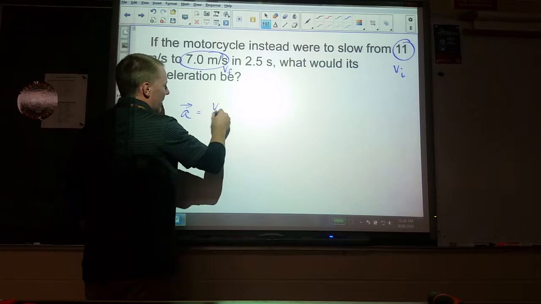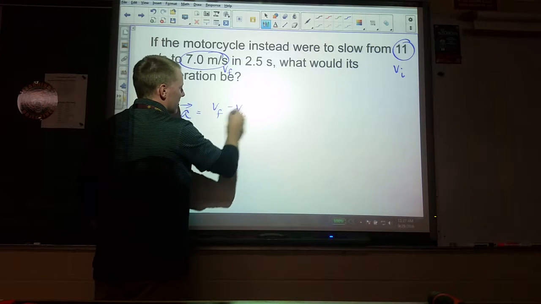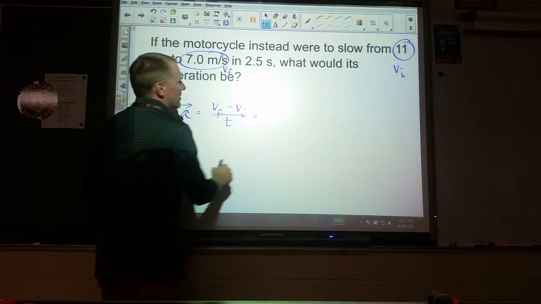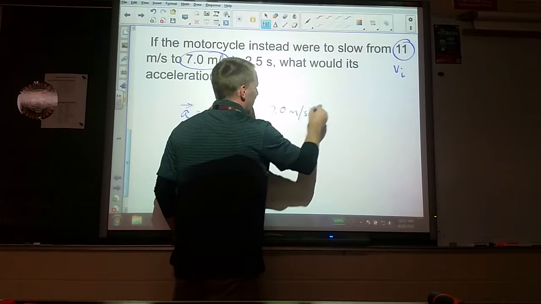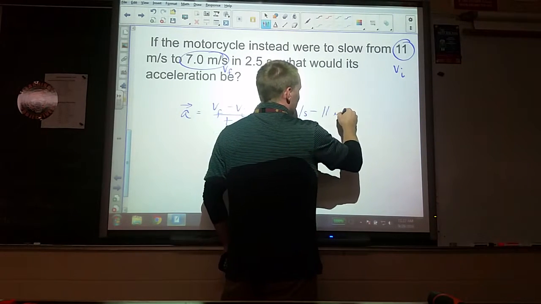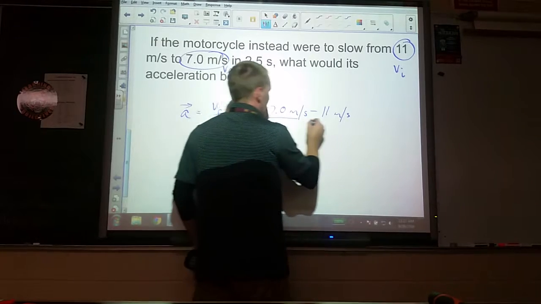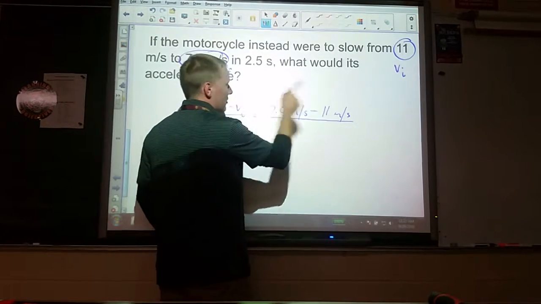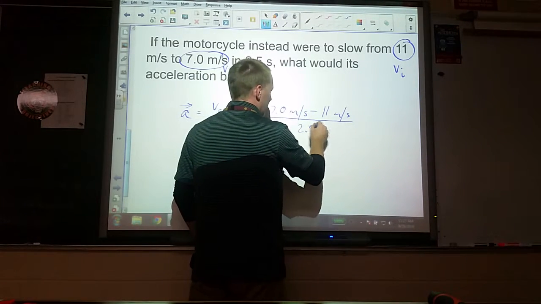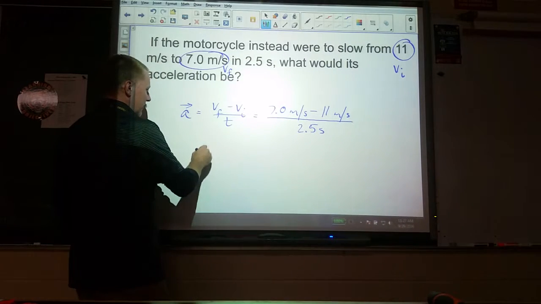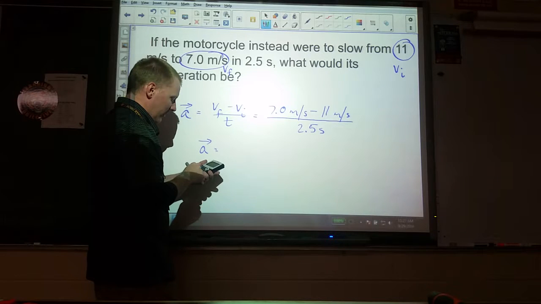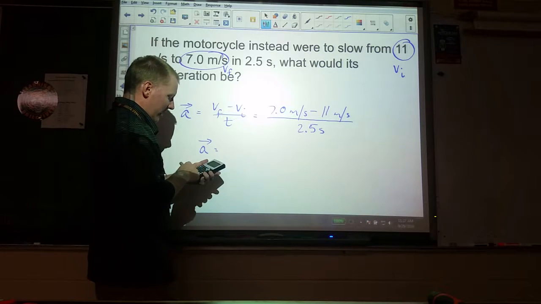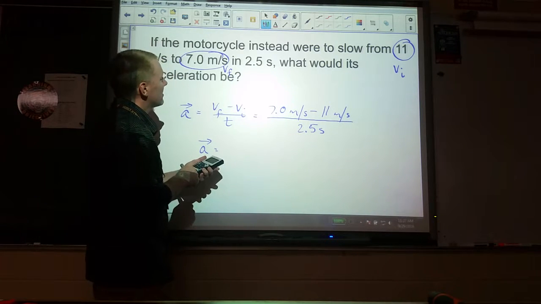The final minus the initial over time. So our V final is 7 meters per second minus our initial of 11 meters per second over 2.5 seconds. So our acceleration, 7 minus 11 is negative 4, divided by our time of 2.5 seconds.